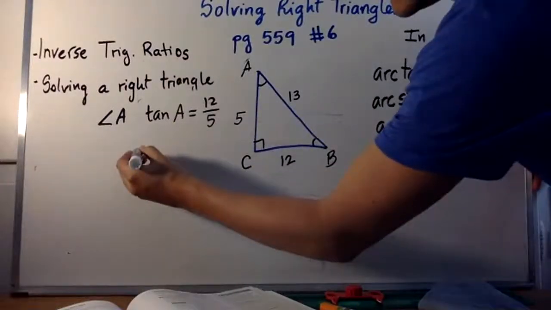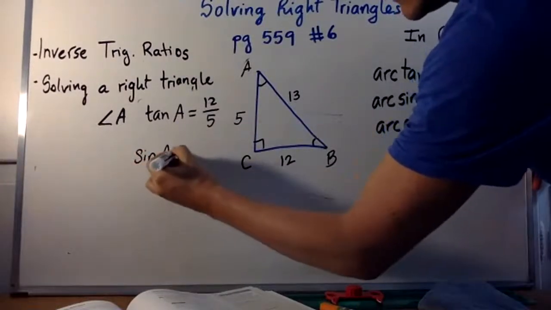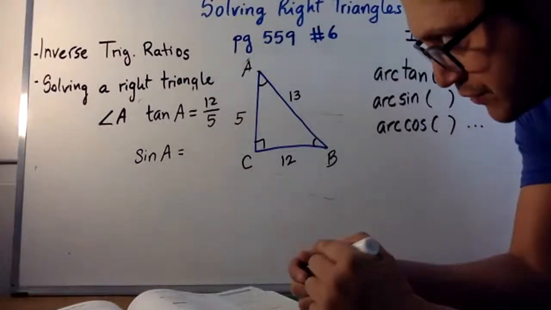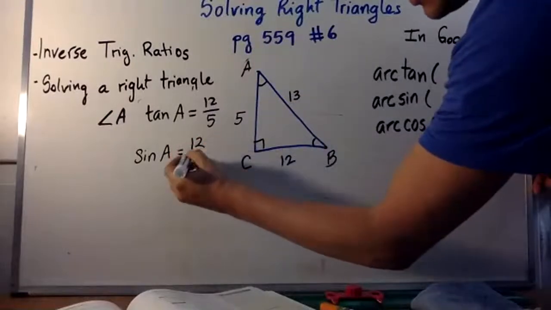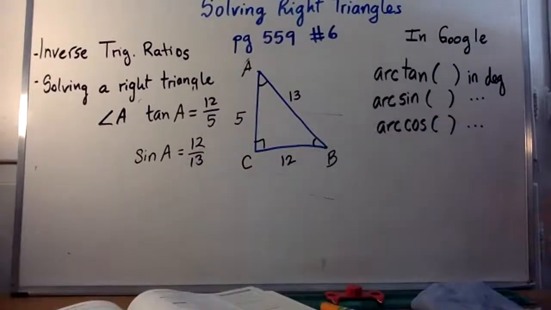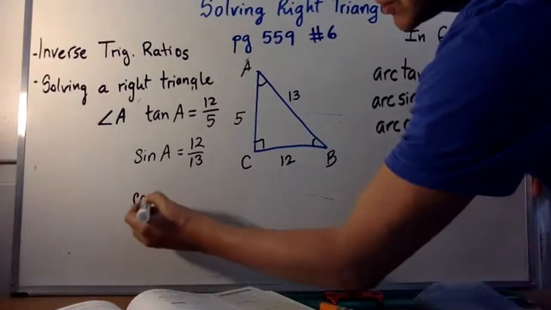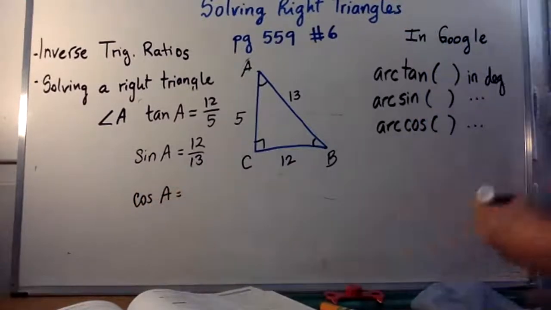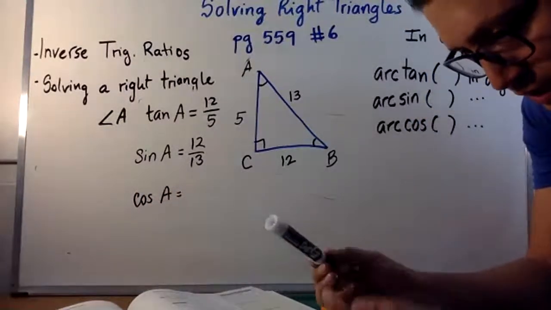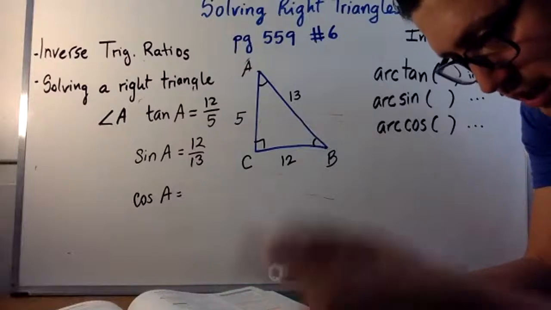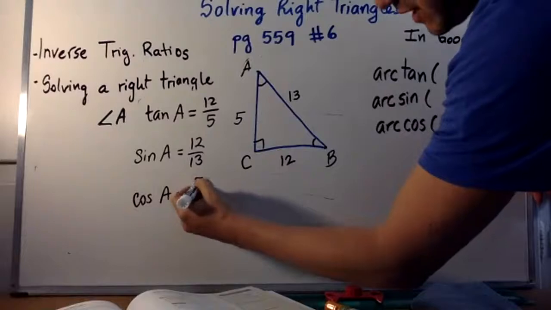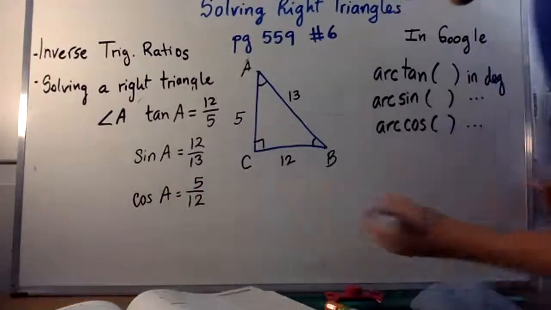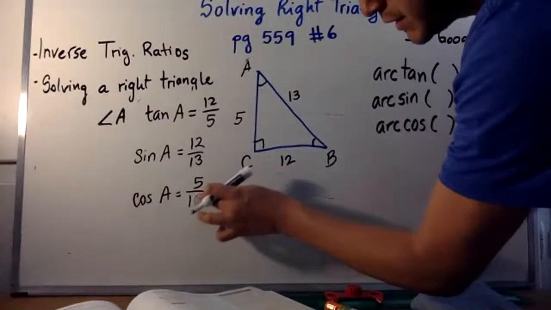I could say that sine of A, by definition, sine is opposite divided by the hypotenuse. It means the sine is going to be 12 over 13. And finally, cosine of A, by definition cosine is adjacent divided by hypotenuse. The adjacent here is 5. Hypotenuse, oh my bad, it's 13.